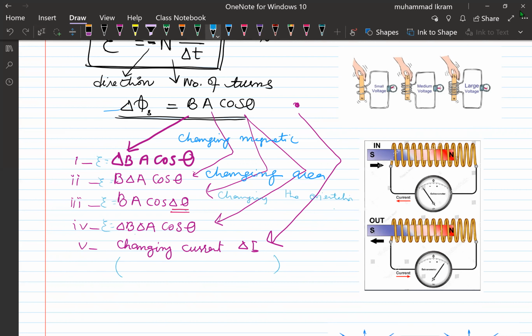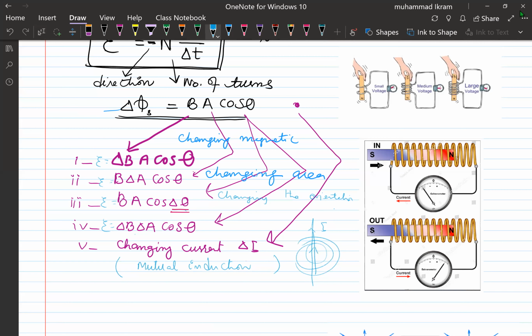This is called the phenomenon of mutual induction. You know that there is an associated magnetic field around a current carrying conductor. So when your current is changing, the magnetic field will be changing and it will cause a changing flux, and it may be the cause of induced current in another wire or in another nearby coil.